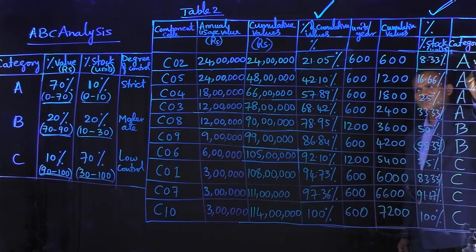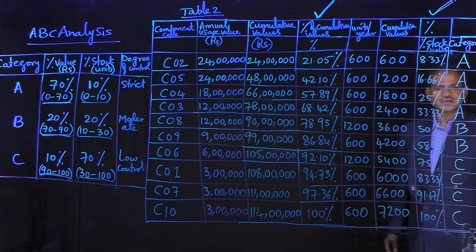Components 2, 5, 4, 3 come under the A category. These items need strict control.